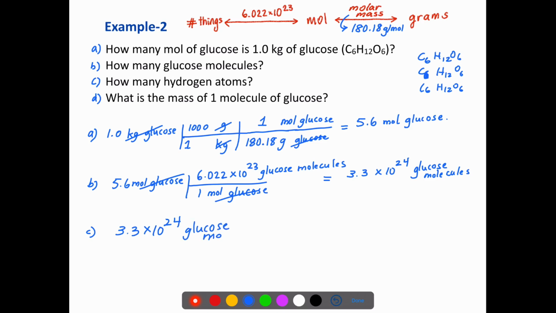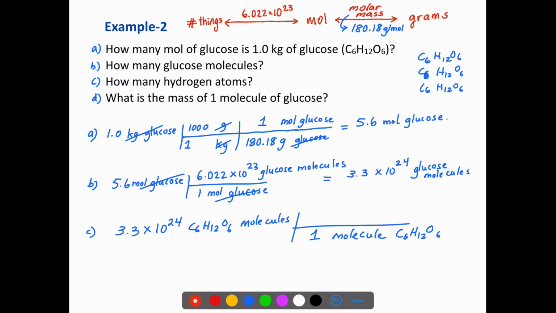molecules. So instead of writing glucose, let me write 10 to the 24 C6H12O6 molecules, and that's what you have. And for every 1 molecule should be on the bottom because we want to cancel it out.